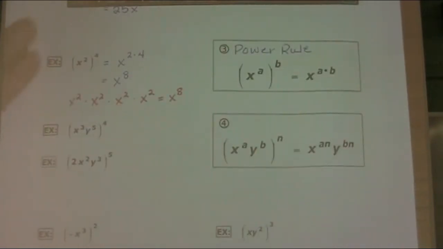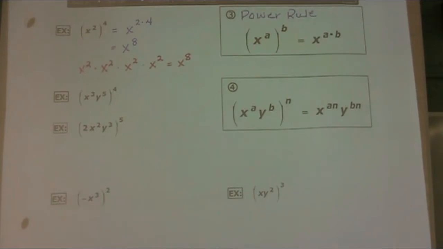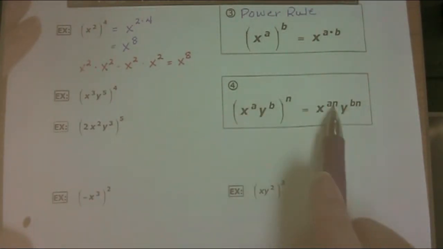At the bottom of the page, we have rules that allow us to combine the product and the power rules. And this combination rule is here. We have x to the a, y to the b, in parentheses, raised to the n power. That means we're going to multiply the a and the n, and we're going to multiply the b and the n.